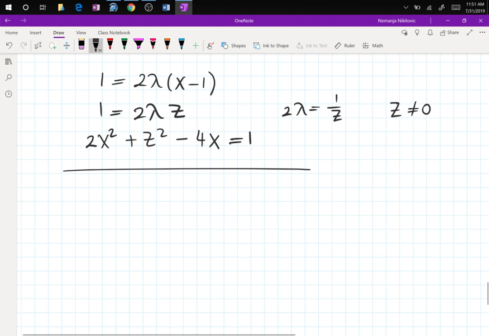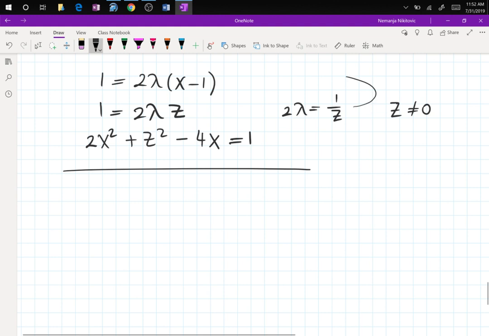So let's check if it's possible to solve the problem if z is 0. If z is 0, then you have equation 1 equal to 0 from here. Do you see that? And that's no bueno. So z cannot be 0 because this equation cannot hold. So we don't have to do any extra work. Dividing by z is okay because z cannot be 0. Awesome.